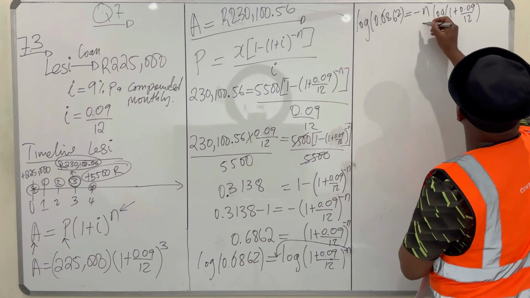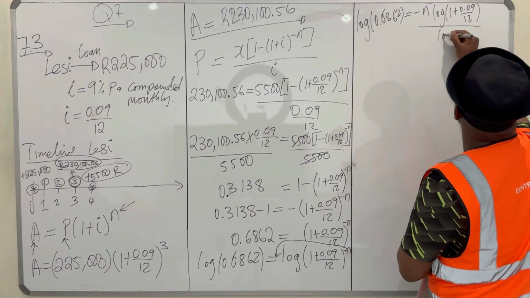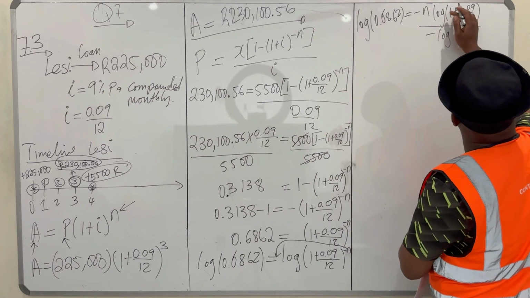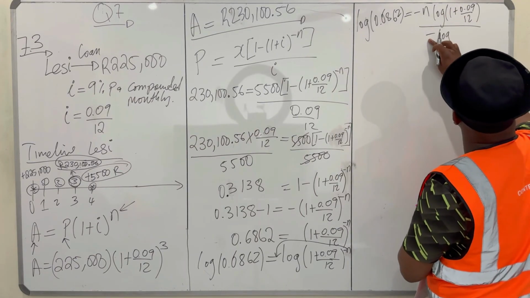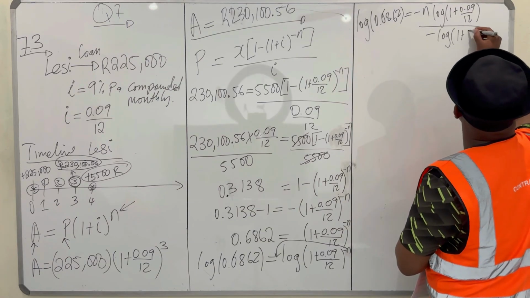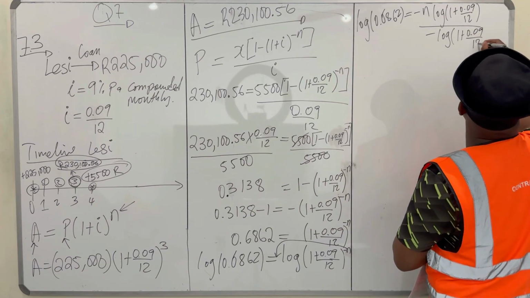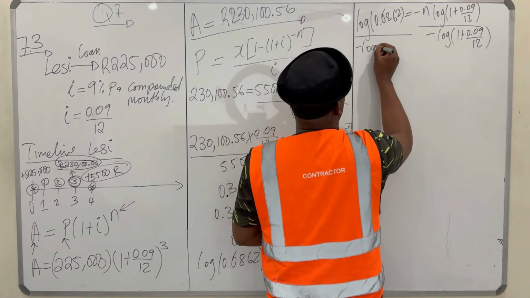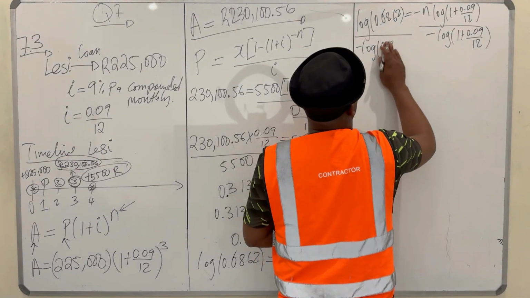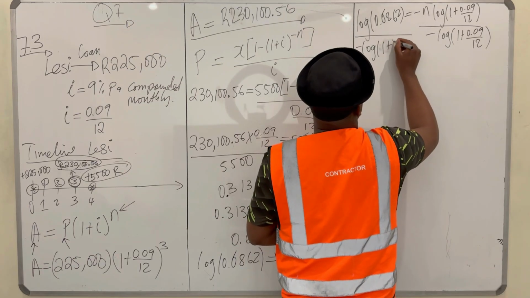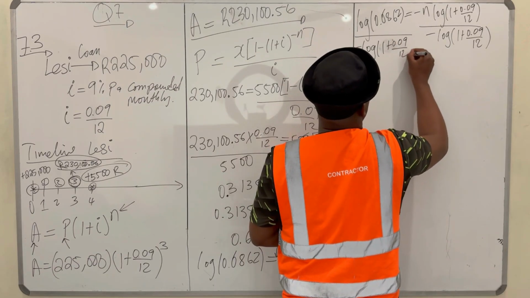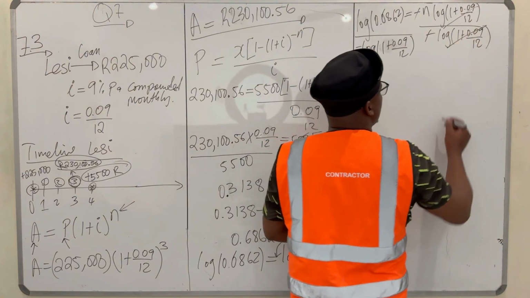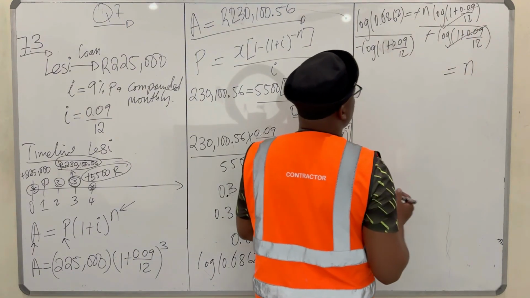Then you want n, so you divide by negative log of (1 plus 0.09 over 12), so that this negative cancels this one. So this and that go away, and you're left with n.